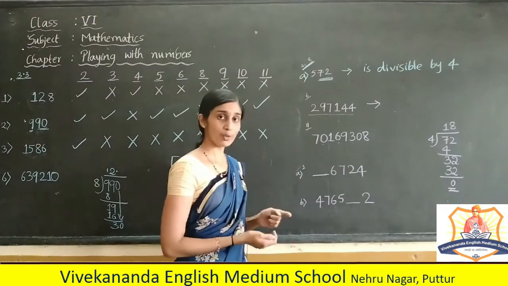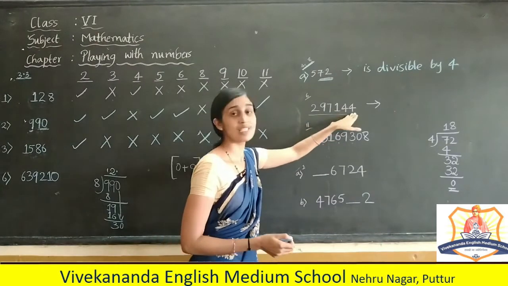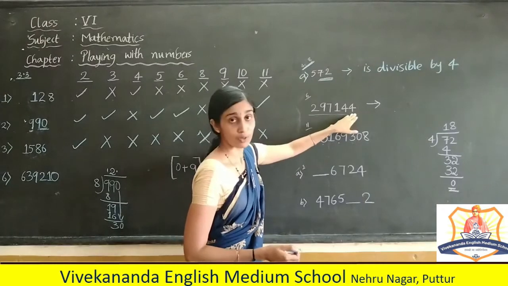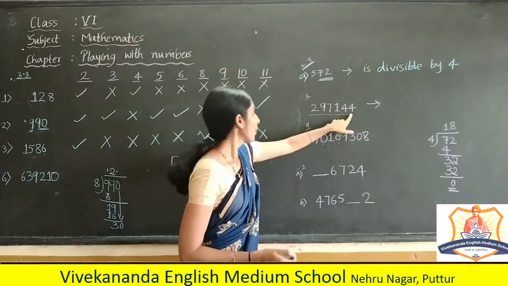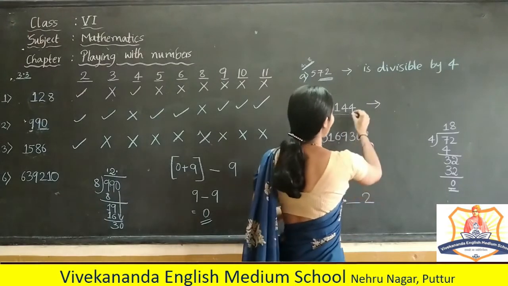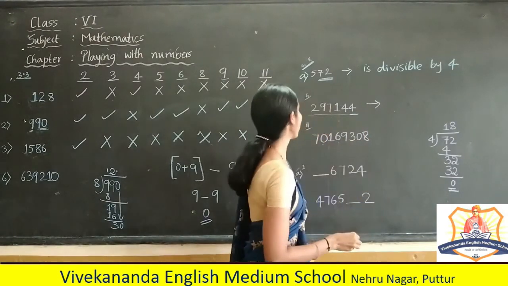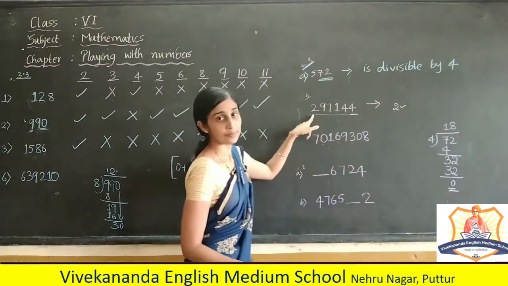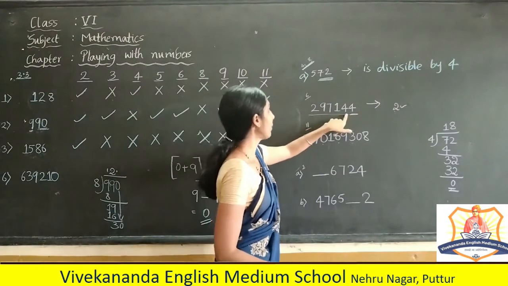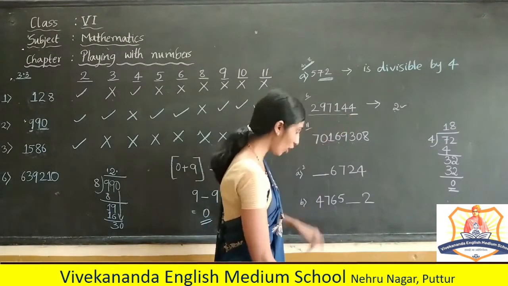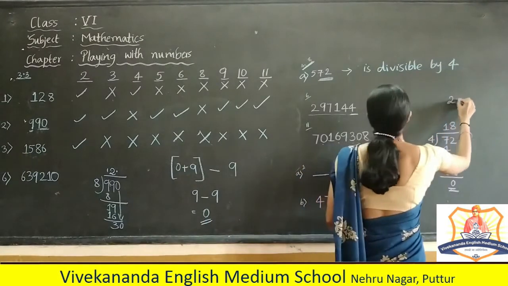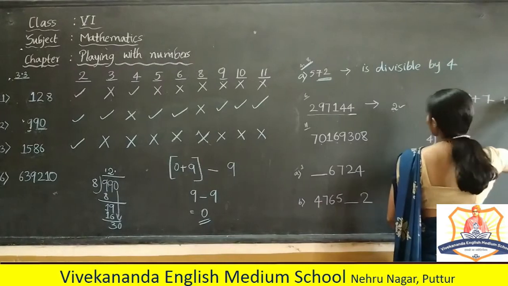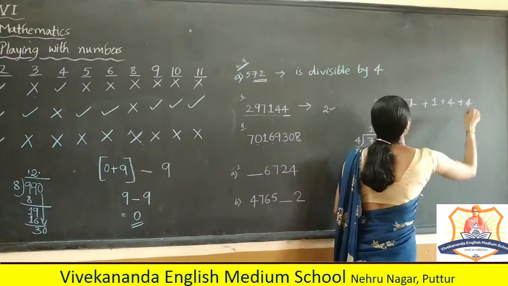Whether it is divisible by 2, by looking at the units place, you can say that this number is divisible by 2, right? Because it is ending with an even number, 4. So it is divisible by 2, and whether it is divisible by 3, how to check? We should add all the digits: 2 plus 9 plus 7 plus 1 plus 4 plus 4.